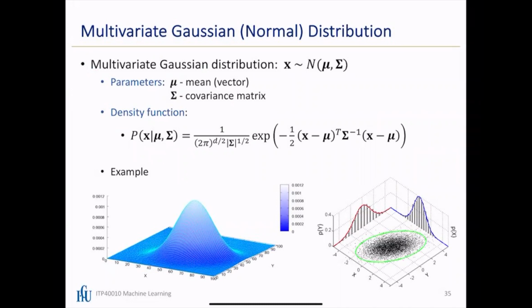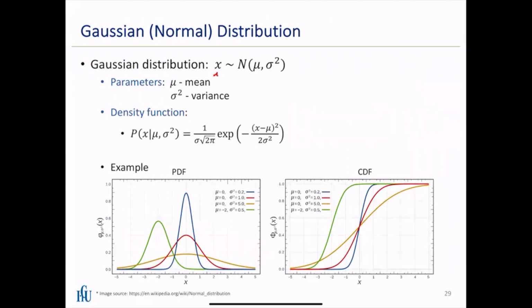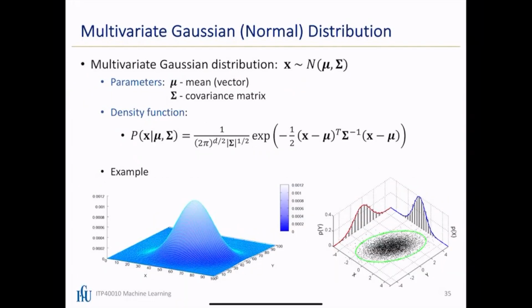And let's move on to the multivariate Gaussian. Previously, we looked at a Gaussian distribution where x is a scalar, so this is a single variable. But now let's consider where this could be a vector. A multivariate Gaussian distribution looks at a random variable that is a vector.